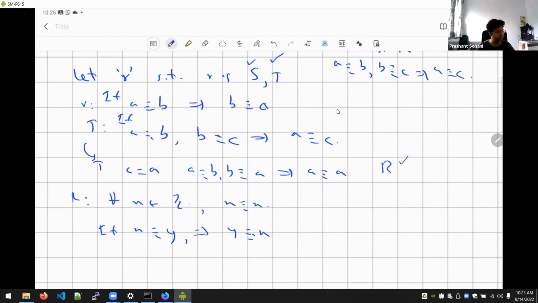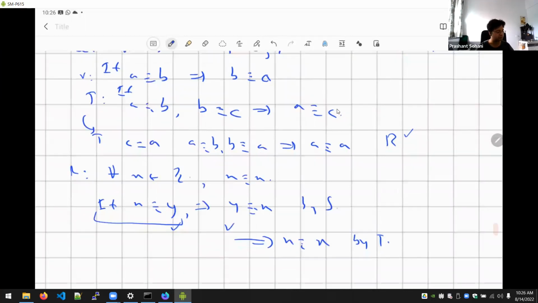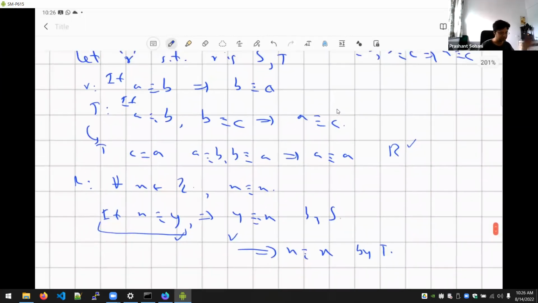The false proof is written as: if X is congruent to Y, then Y is congruent to X by symmetry. And then by transitivity you can deduce that therefore X is congruent to X. But this whole thing starts with the assumption that such a Y exists, such that X is congruent to Y. What if such a Y does not exist at all? So that is the catch here.